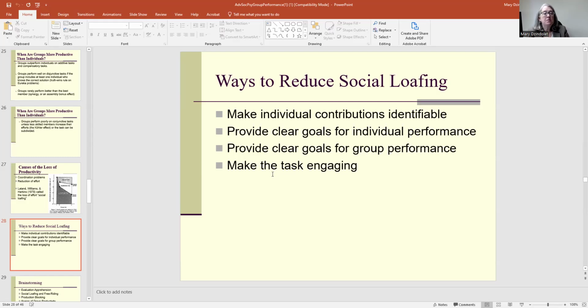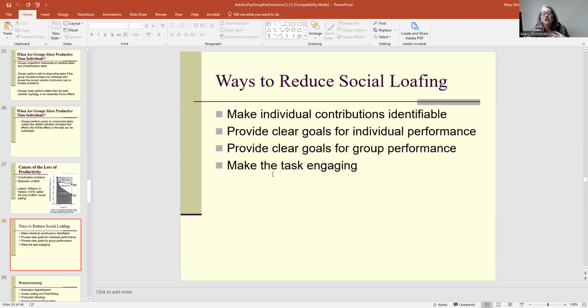And group goals can be really good, especially if the group is cohesive. If one person isn't meeting their goal and they're all cohesive and they believe that that person is trying their hardest, they're not loafing, the other group members might actually work extra hard to make up for what that person isn't doing.